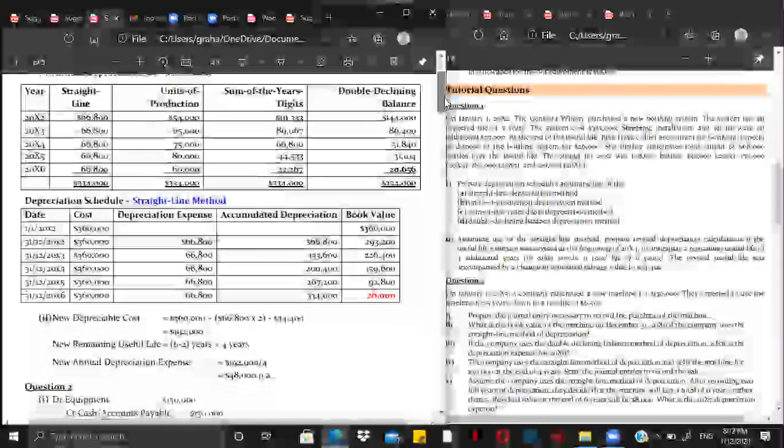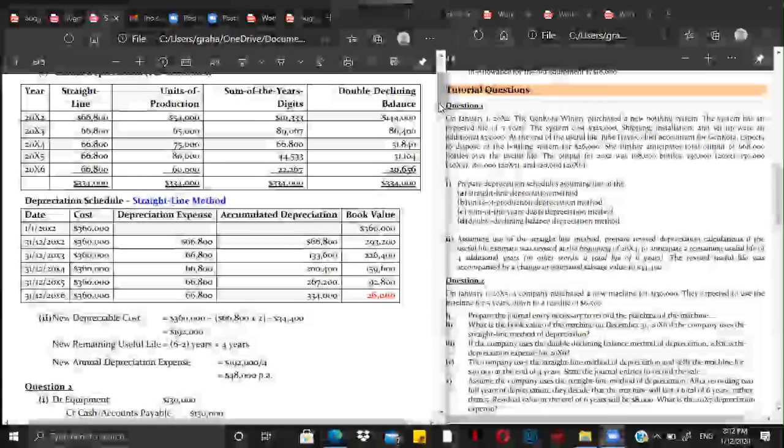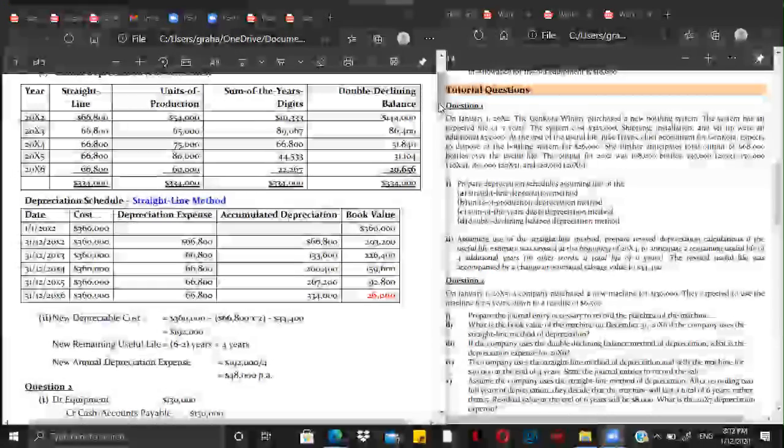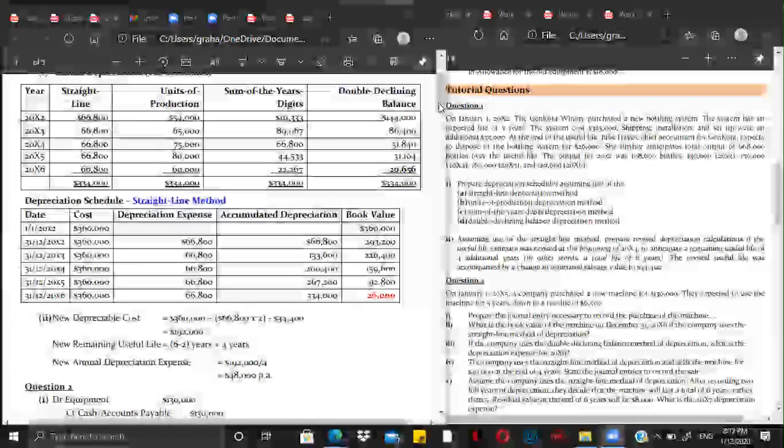So the 108,000 bottles multiplied by the 50 cents per bottle should give you an annual depreciation of $54,000. We get that?